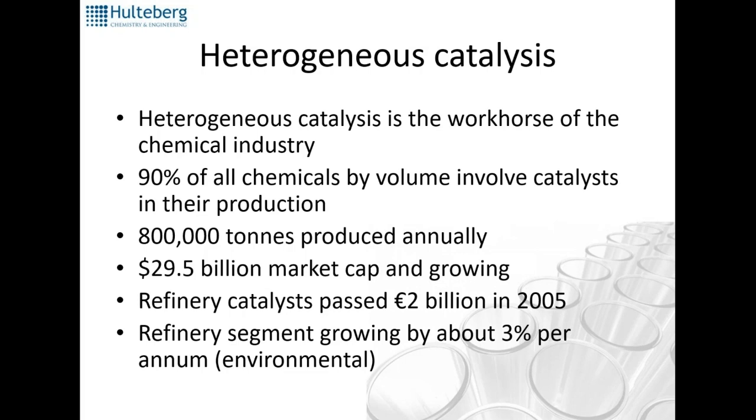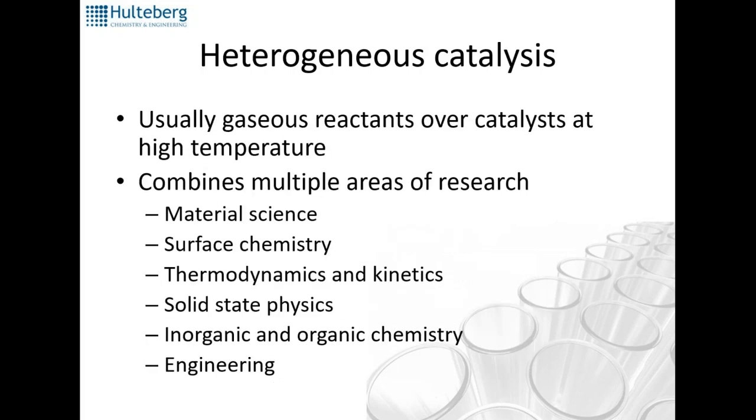The standard case is that we have a gaseous reactant over a catalyst at a rather high temperature. High temperature can be up towards 800 degrees, but the normal case may be 200 to 400 degrees C. The nice thing with heterogeneous catalysis is that it combines so many different areas of research.